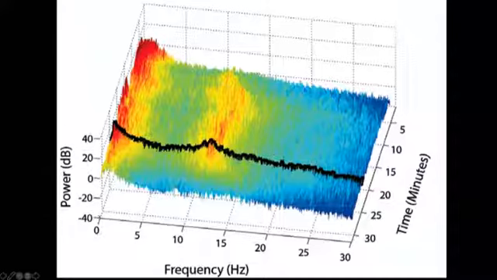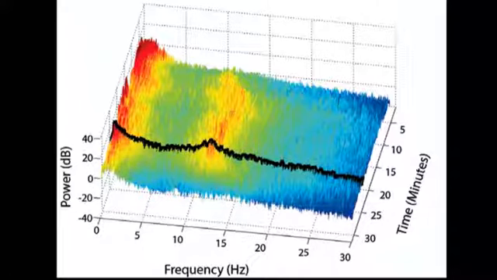Of note, the power goes essentially from minus 40 to about 20 dBs. Cooler colors usually indicate low power, and warmer colors mean more power.